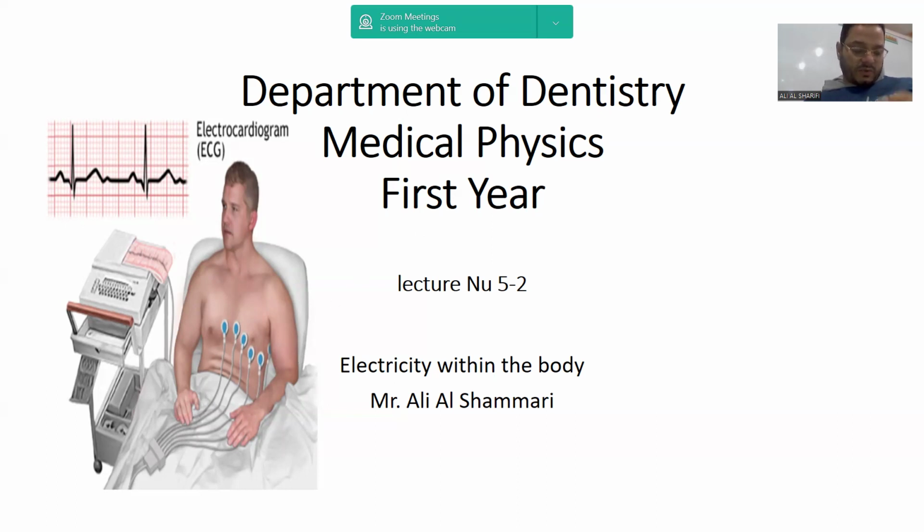Actually, like we know, we have two different charges between inside and outside any nerve cell, and any nerve cell has an electric potential difference across its membrane.